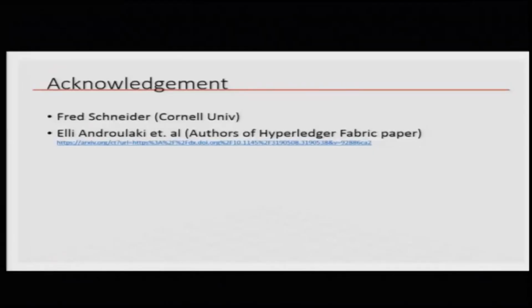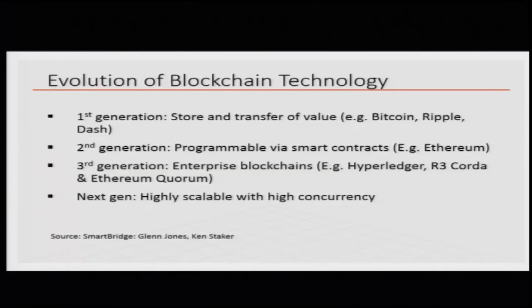So, much of this material is from Fred Schneider and the original Hyperledger fabric paper that is available in archive. We have been discussing this several times, but there is no harm in repeating that the first generation of blockchain, which basically means Bitcoin and similar cryptocurrency blockchains like Ripple coin, Dash coin, etc., is basically for storing and transferring of value.